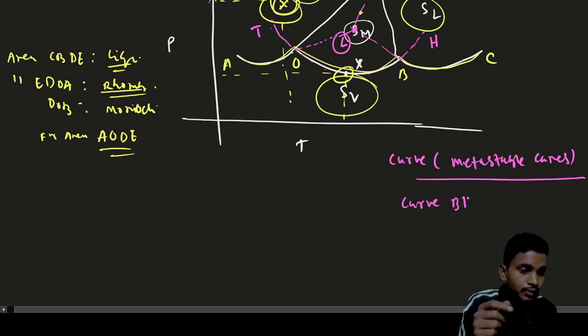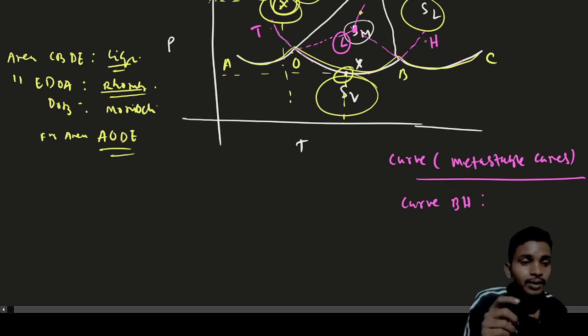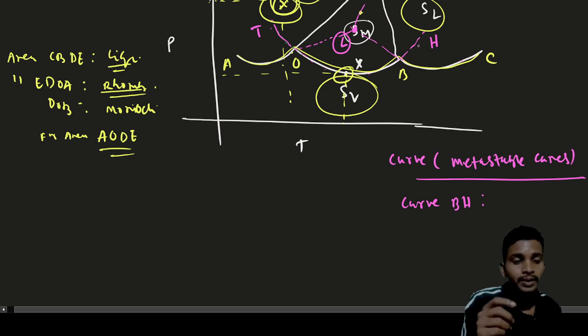Whenever I extend OB, we get curve BH. Whatever equilibrium we get on this curve, the same will be obtained here.